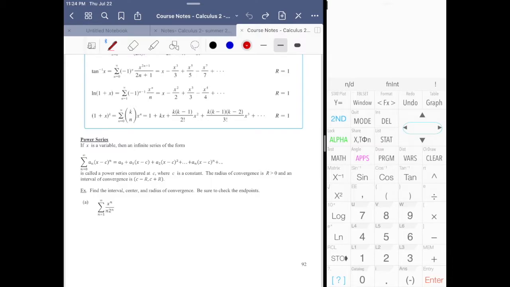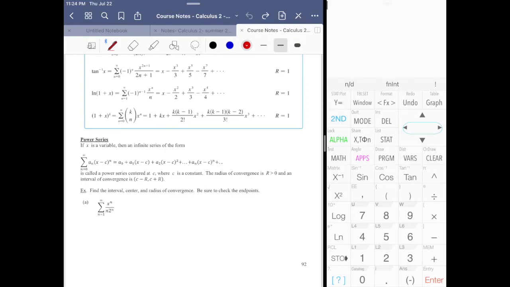Radius of convergence is going to give us a determination of the interval, or under what circumstances this series converges. But if we're using it to model another function, something like a natural log or an exponential function, then it's giving us a sense of under what circumstances the series models the function.